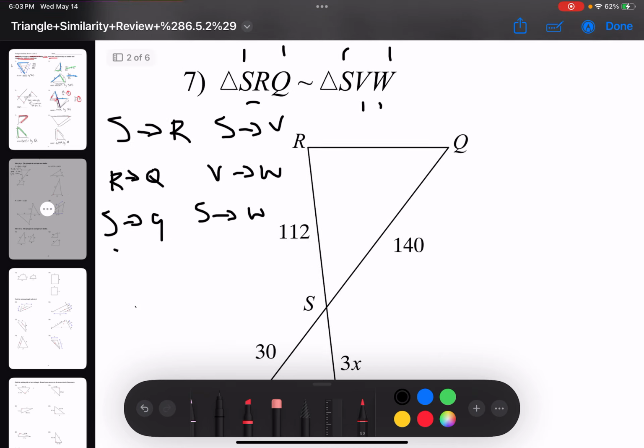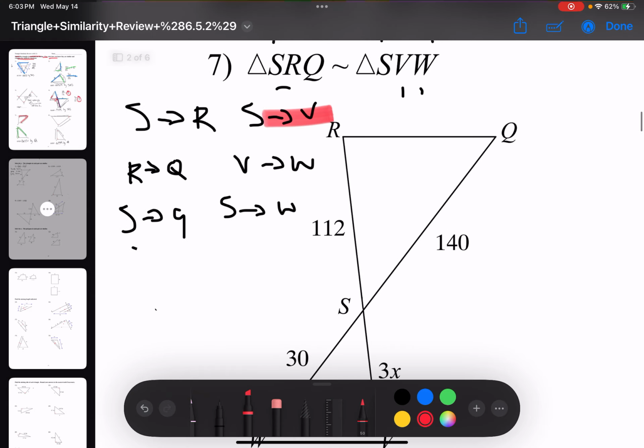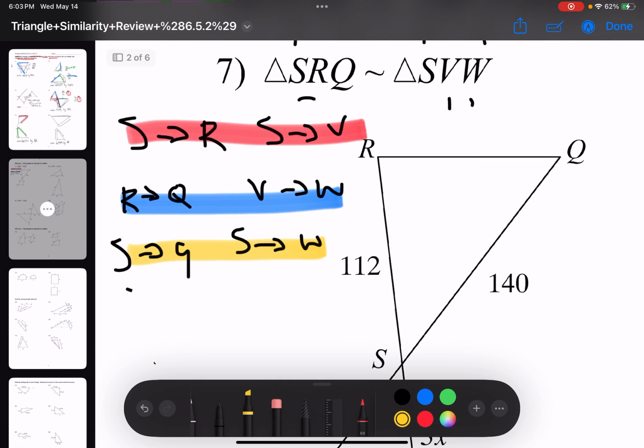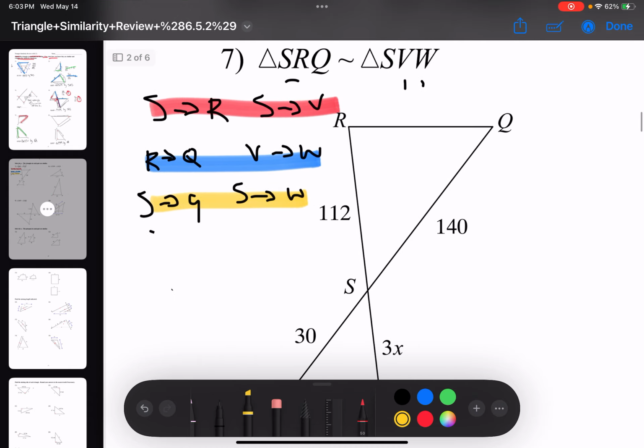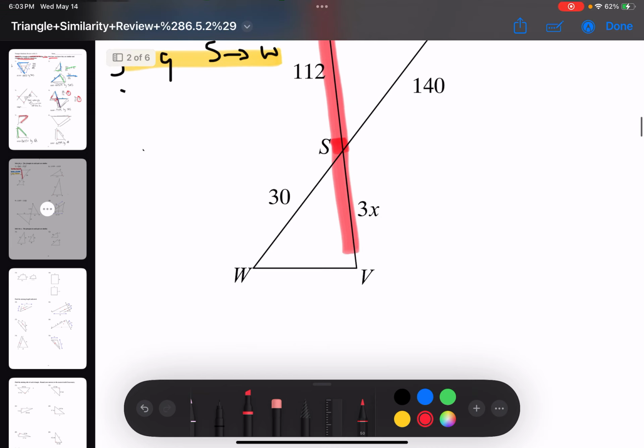Okay, boom. So, anyways, these are the same color, these are the same color, and then these are the same color. Do you see where we're getting at? Okay, let's go with red first. So, S to R, and then S to B, which is right here.